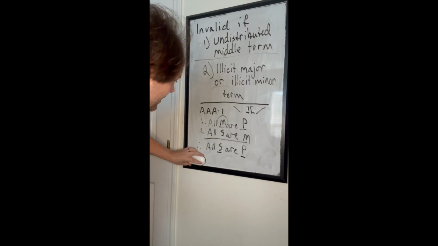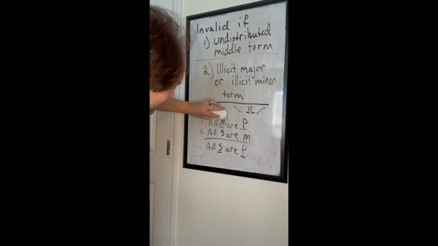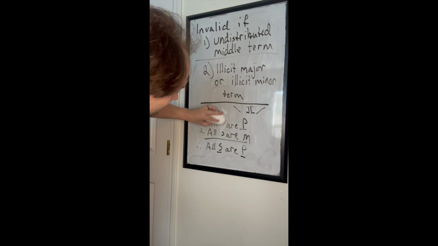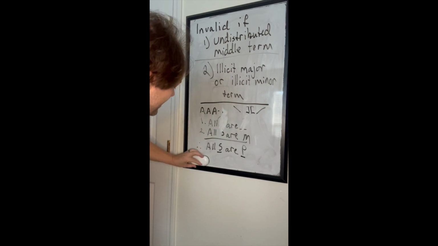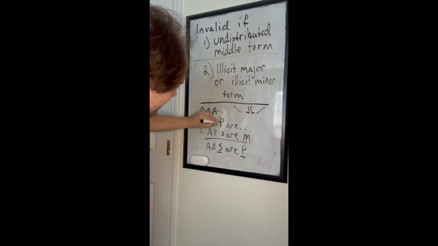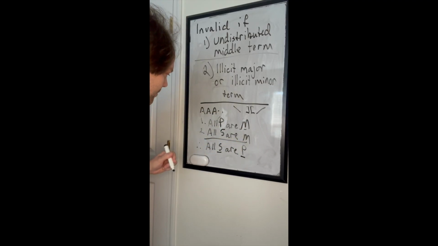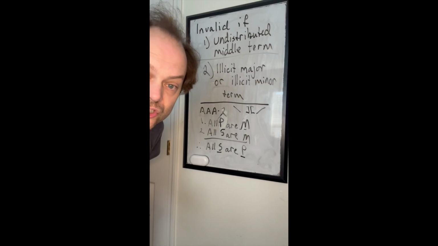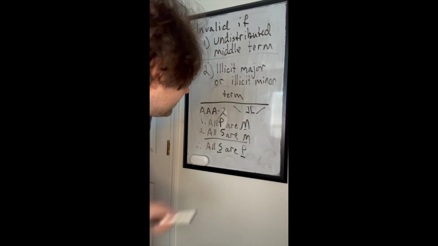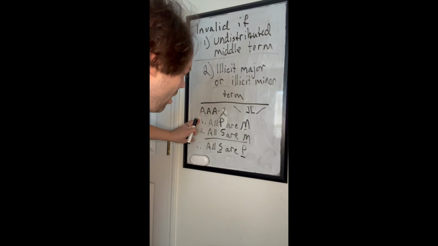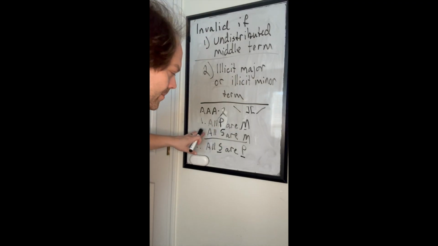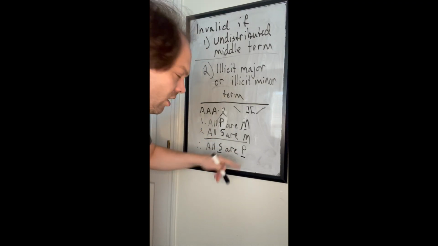Interestingly, if we switched this around and said all P are M and all S are M, now we'd have A2, different figure, same mood. All P's are M, and all S's are M. Therefore, all S's are P's.